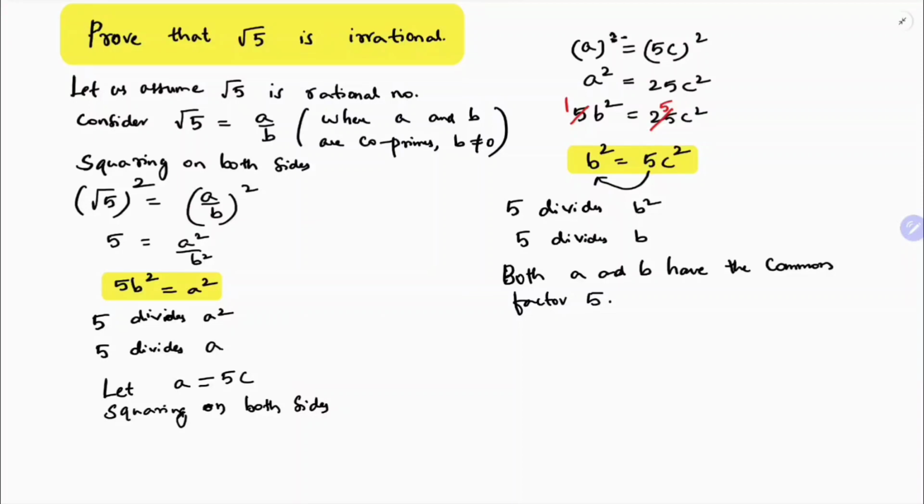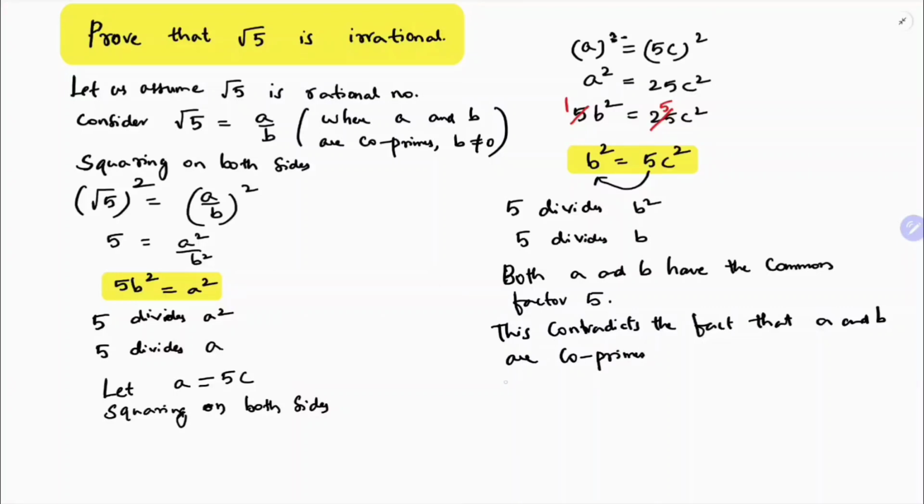Co-primes means HCF should be 1. But here I am getting a common factor 5. So this contradicts the fact that a and b are co-primes. So I assumed co-primes, but I'm getting a wrong answer.